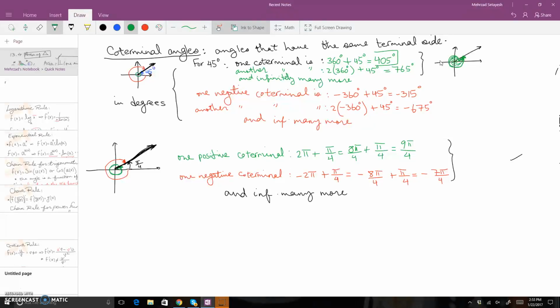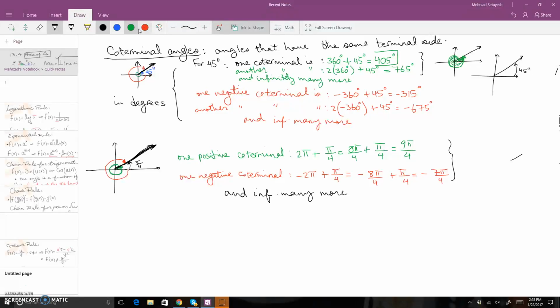But is that the only way? Of course not. It depends how many revolutions I cover. I just know that I want to get to this terminal side, and I know that the measurement from here to here is 45 degrees.